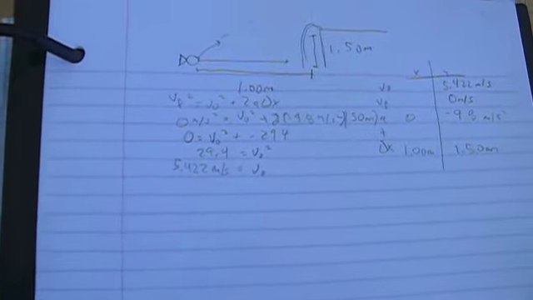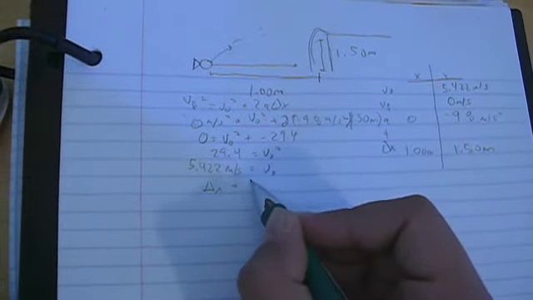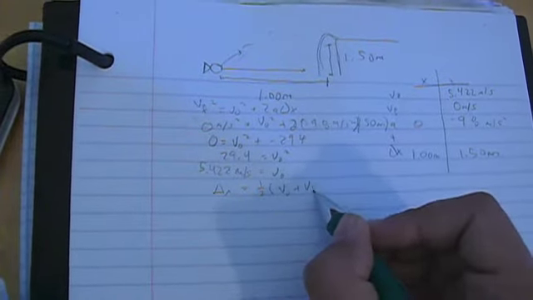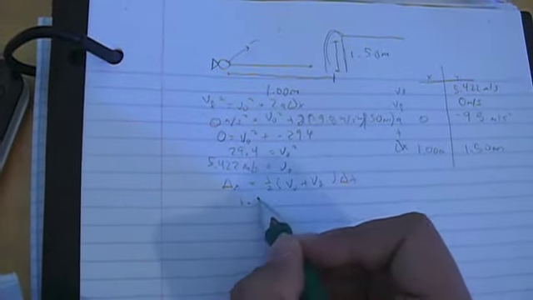So now we can solve for time by using the equation, which is the distance equals 1/2 times initial velocity plus final velocity times time.